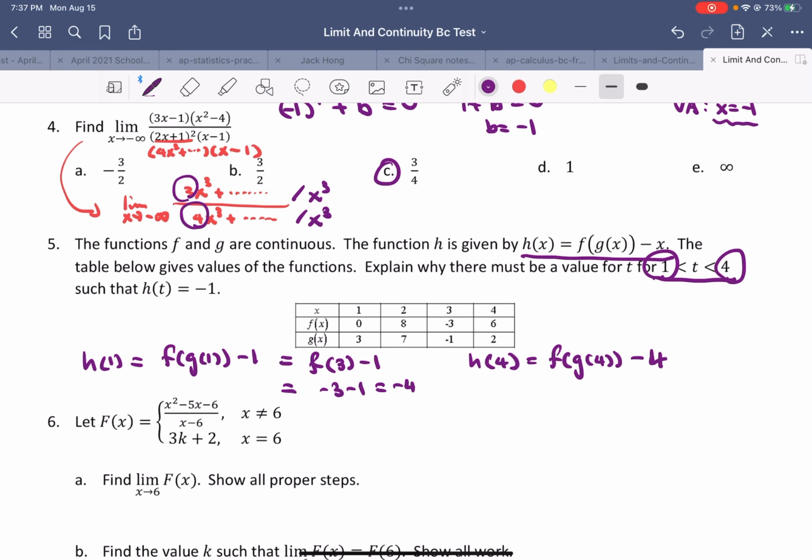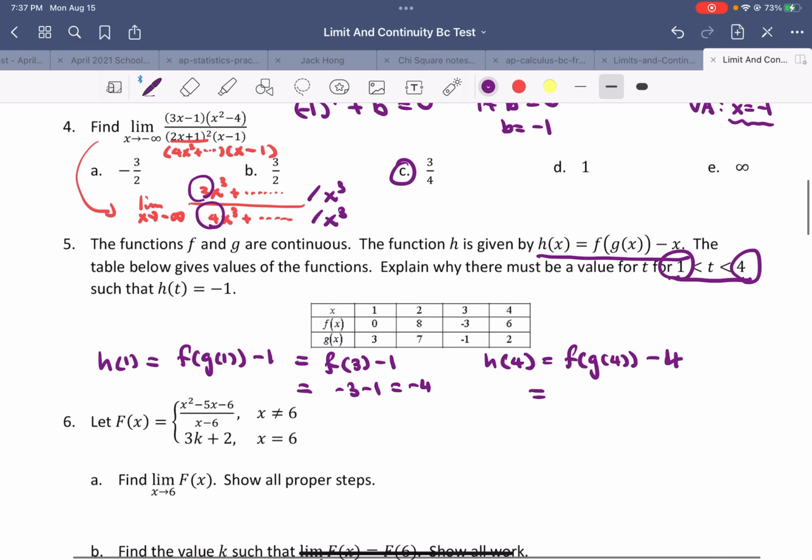You substitute x equals 4. So what is g of 4? G of 4 is 2 here. So this is f of 2 minus 4. And what is f of 2? F of 2 is 8 right here. And then 8 minus 4 is 4.